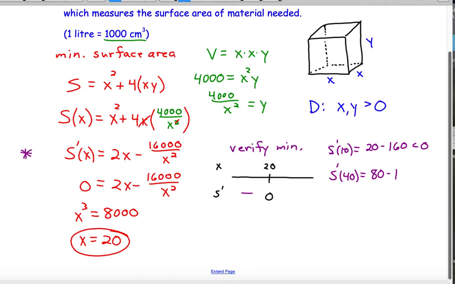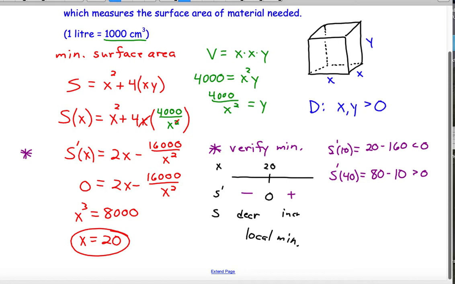So that's 10. So that's going to be greater than 0. So therefore we know that my function s is decreasing, levels off, and then increasing. So we have a local minimum. So we verified, then, we have the local minimum.